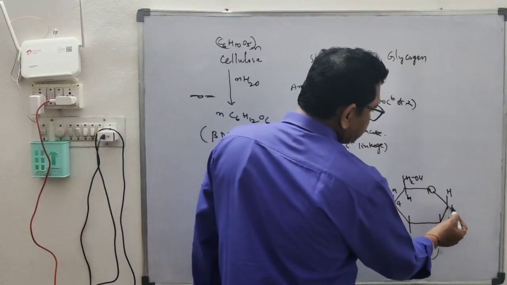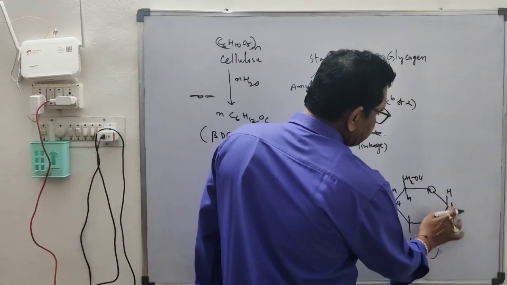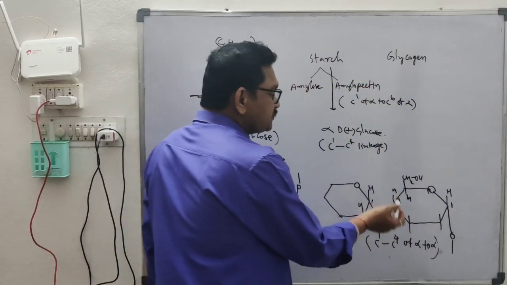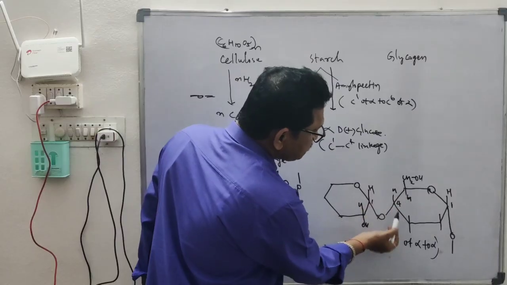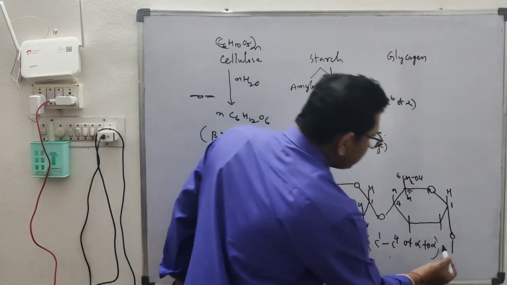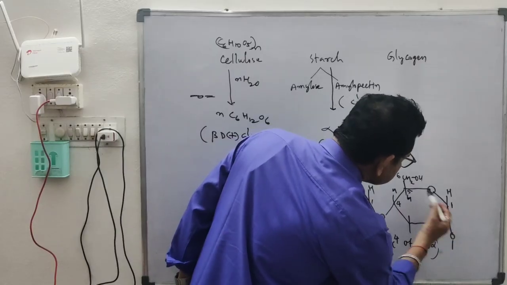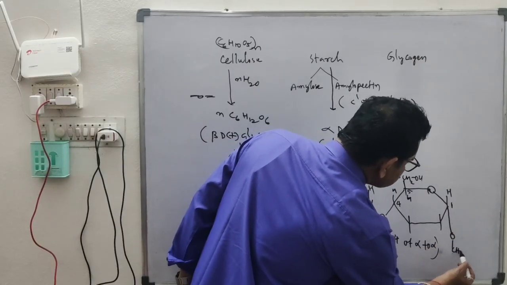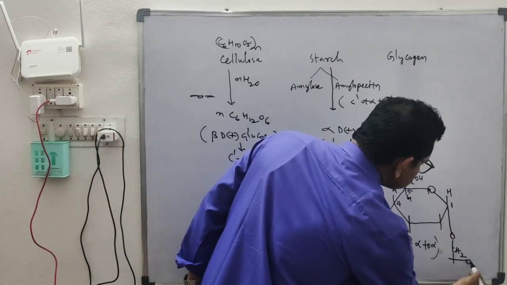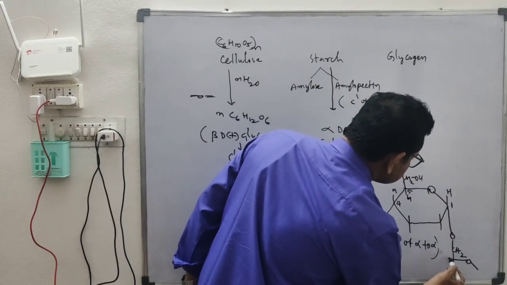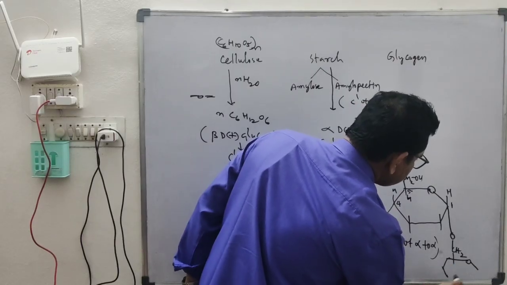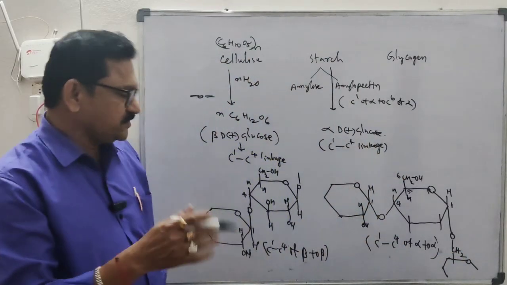This is C1. This oxygen linkage is there, and this should be connected to this one, because this is the fourth carbon, this is the fifth carbon, and this is the sixth one. Now here CH2OH, and the link is there.